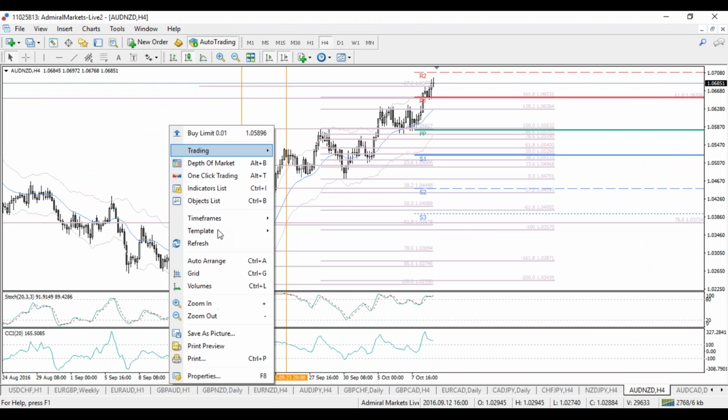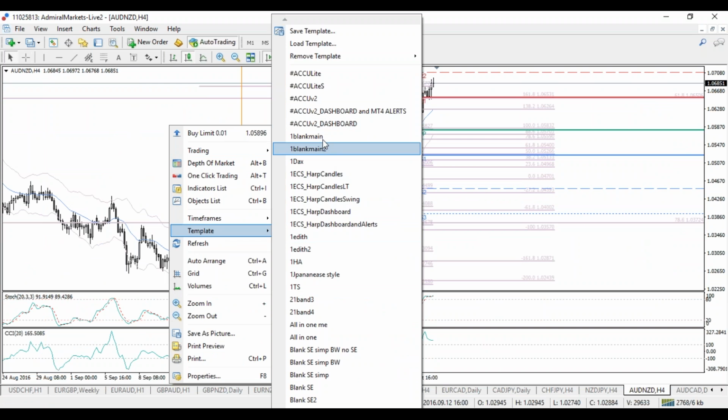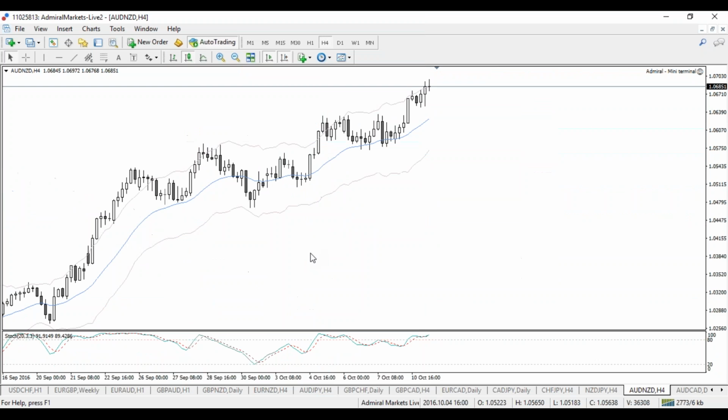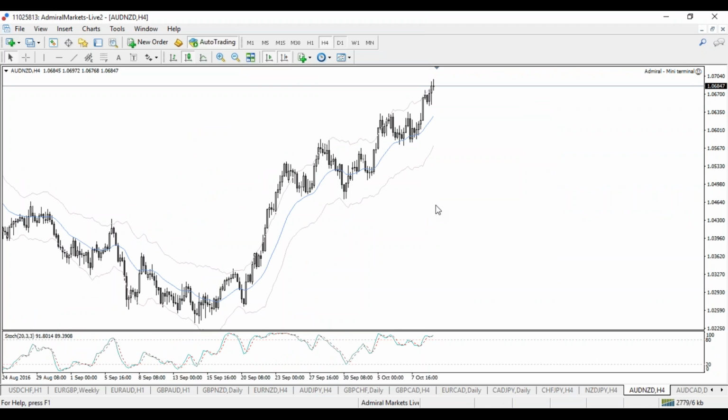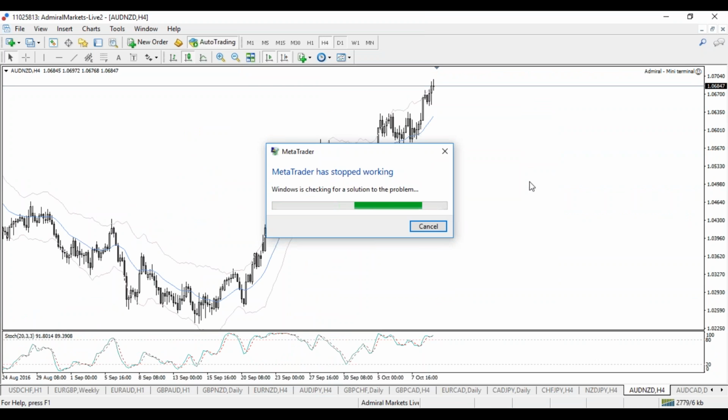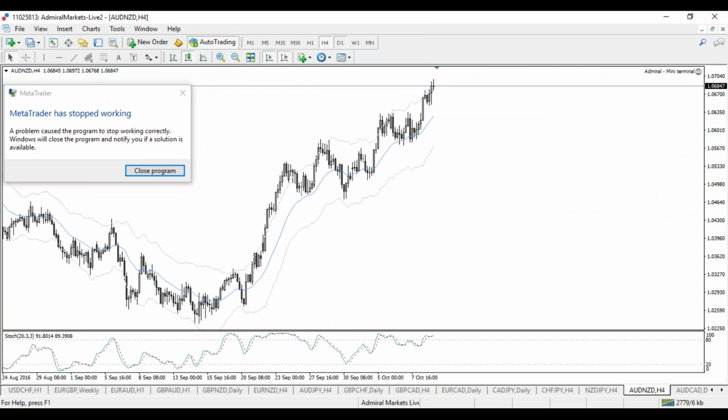Okay, let me refresh this quickly. All right. So we see that the New Zealand is definitely in a strong uptrend, pushing higher and higher on this time frame.